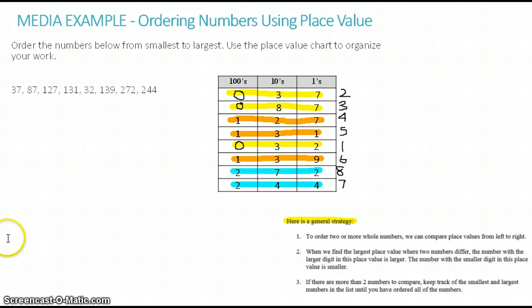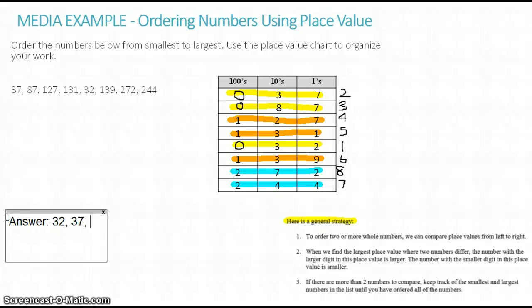So now we're going to write these from least to greatest. And we're going to put them in a list and put commas between them. So the first number is 32. The second number is 37. The third number is 87.